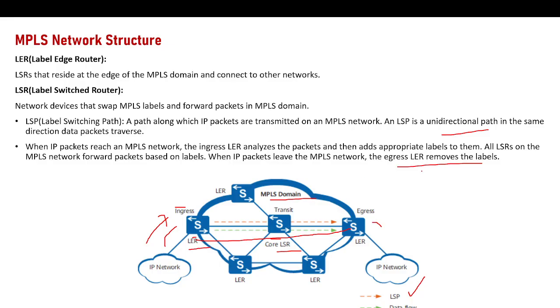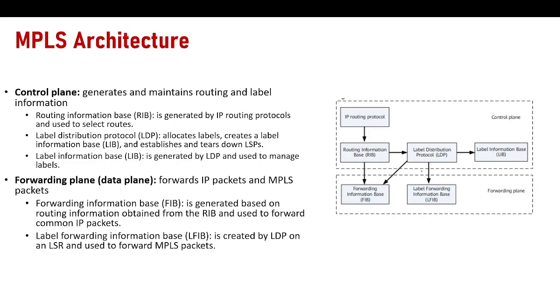So that is the network structure. And then when we look at the MPLS architecture, I think Yahya has already mentioned that we have the control plane, which is where the connection oriented aspect comes in. The control plane generates and maintains the routing table and the label information. You know that we have the IP routing table. The protocol that you have will generate the IP routing table.